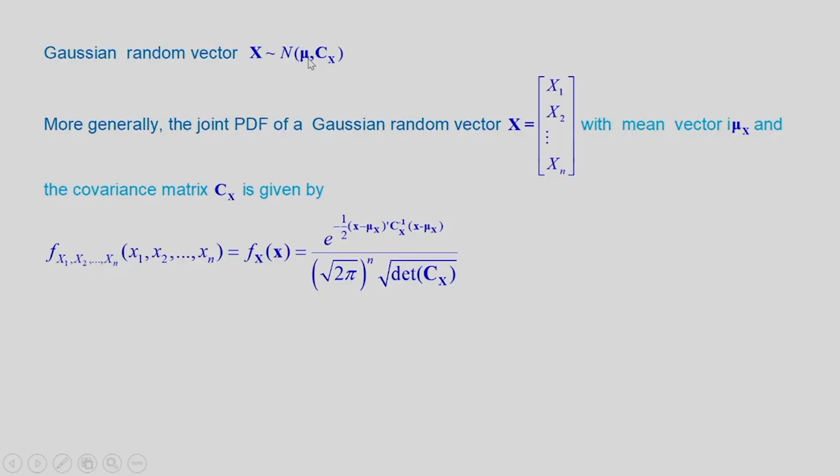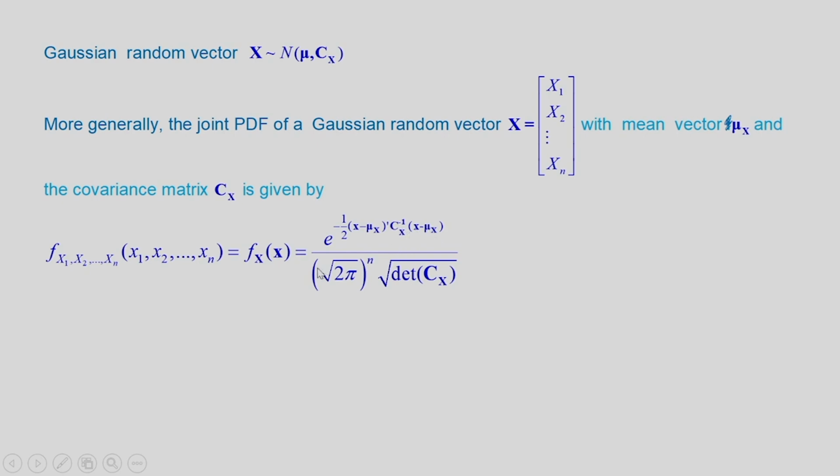We can also define the Gaussian random vector X. It is distributed as normal with parameters mean vector mu and the covariance matrix. So, if suppose this is the random vector and mean is mu x and the covariance matrix is Cx, then this is the expression for the joint Gaussian PDF: exponential of minus half of X minus mu x transpose Cx inverse, where Cx inverse is the inverse of the covariance matrix, into X minus mu x.